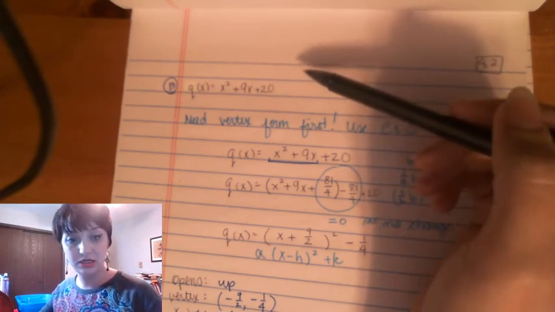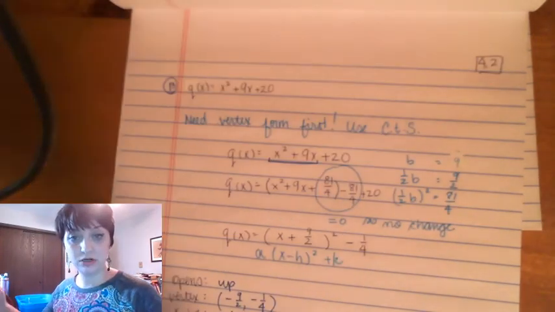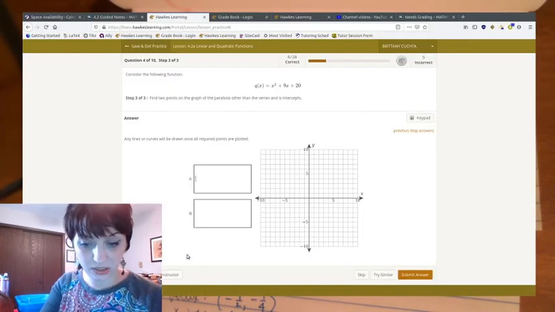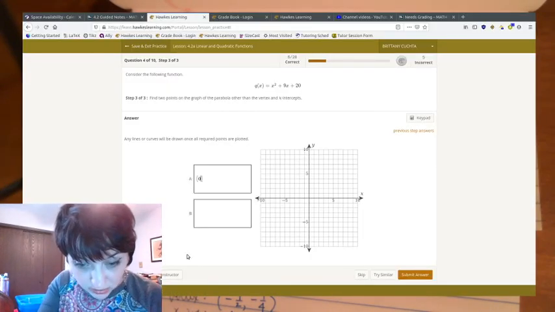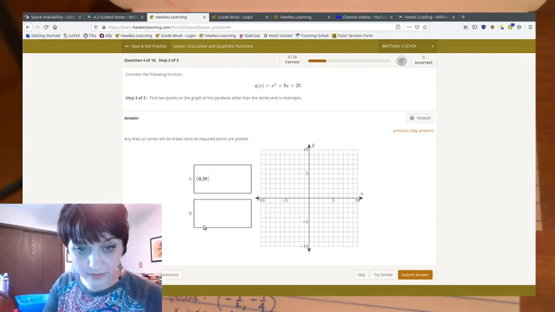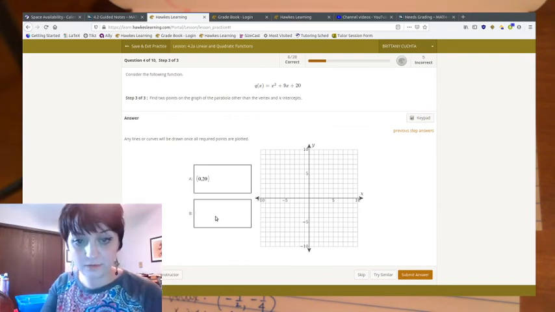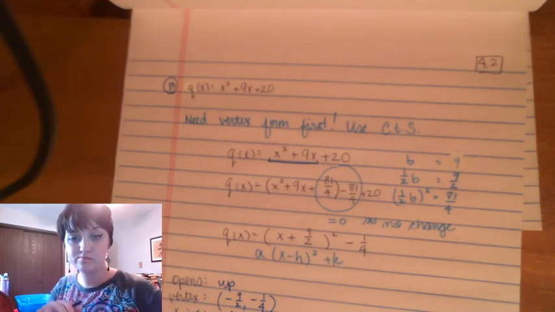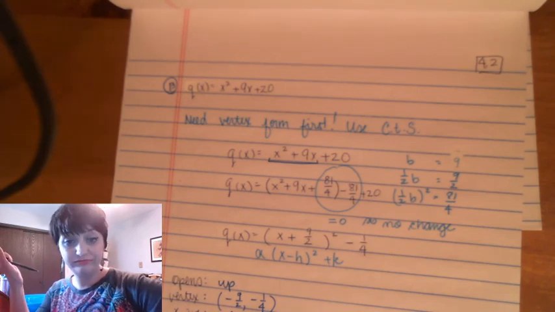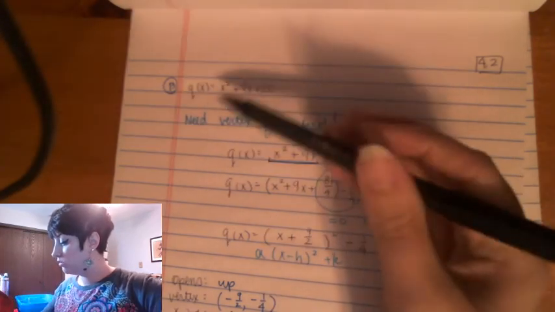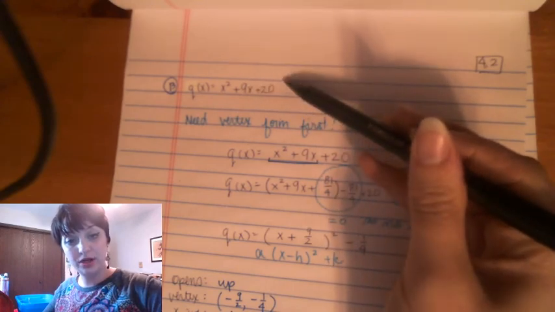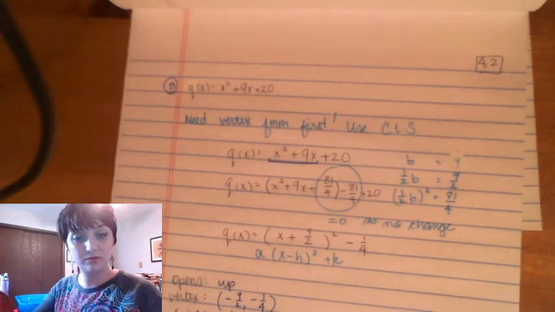So in goes 0, out comes 20. For another point, 1. 1 plus 9 plus 20 is 30. So in goes 1, out comes 30.